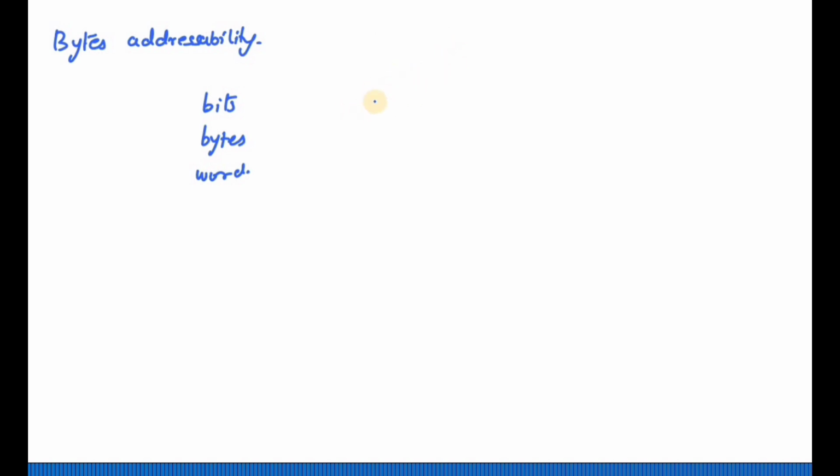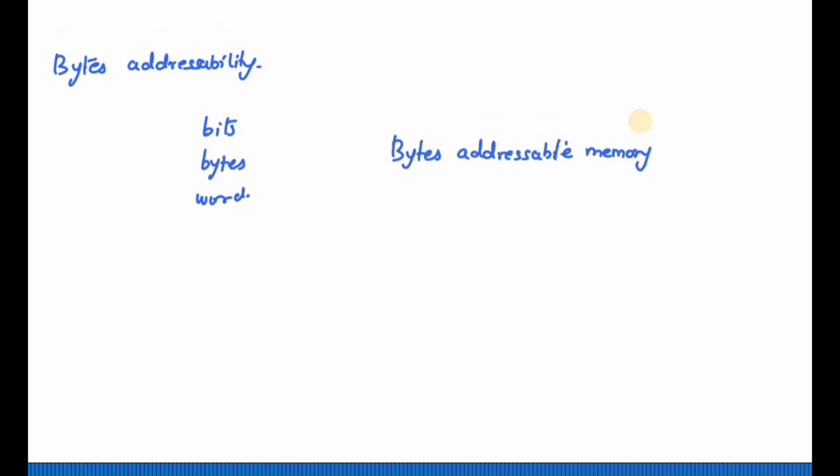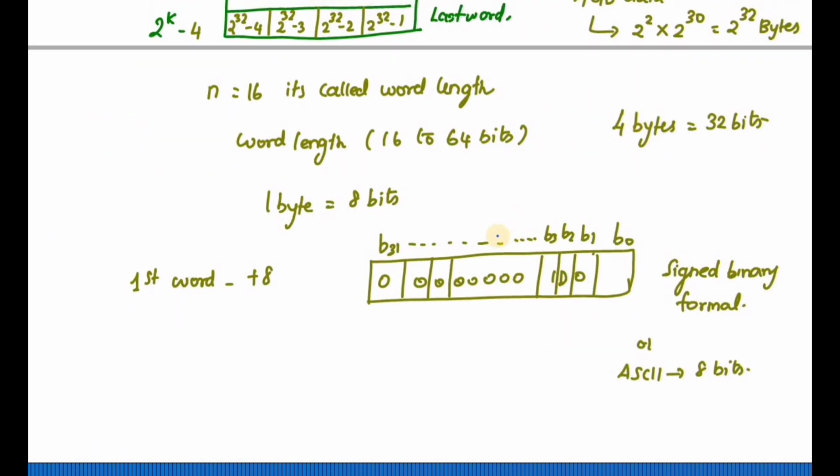That is why this term has come: byte addressability, byte addressable memory. Because I can't assign a memory location for each bit, I am assigning a memory location for a group of bits.